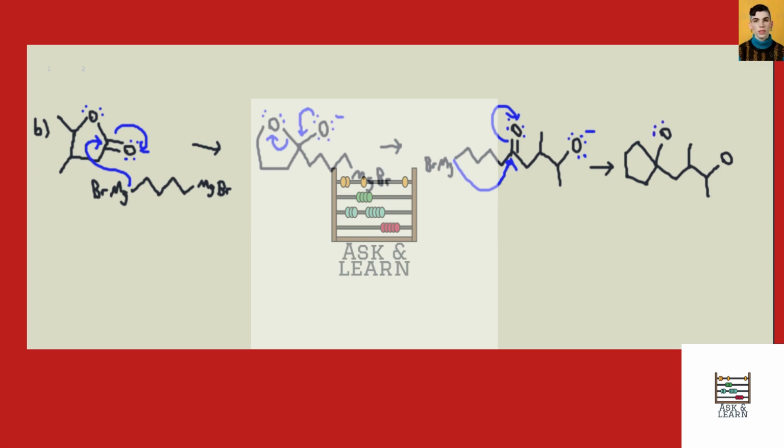So let me put my lone pairs in. So there's one alkoxide. There's the second alkoxide. And then once again, we can draw both of these being protonated in a single step by 2 different molecules of water. And so each of these can just grab a proton from a water. And that is going to get us to our final product here.